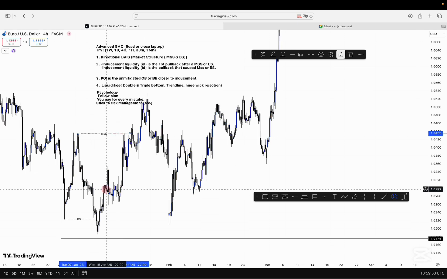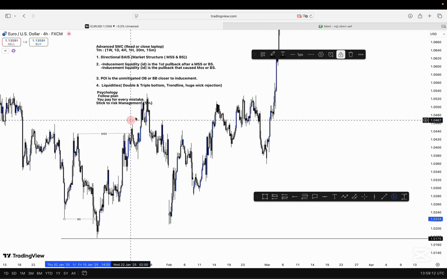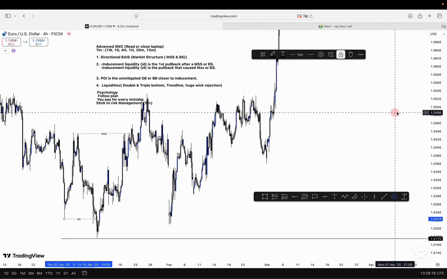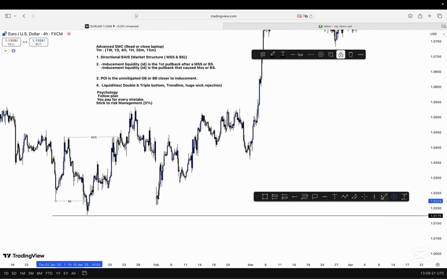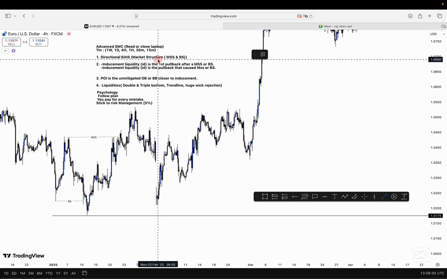So we have a break of structure to the downside here, a market structure shift. So now we want to identify an inducement. First of all, these are the steps. First, identify the directional bias, which is market structure.